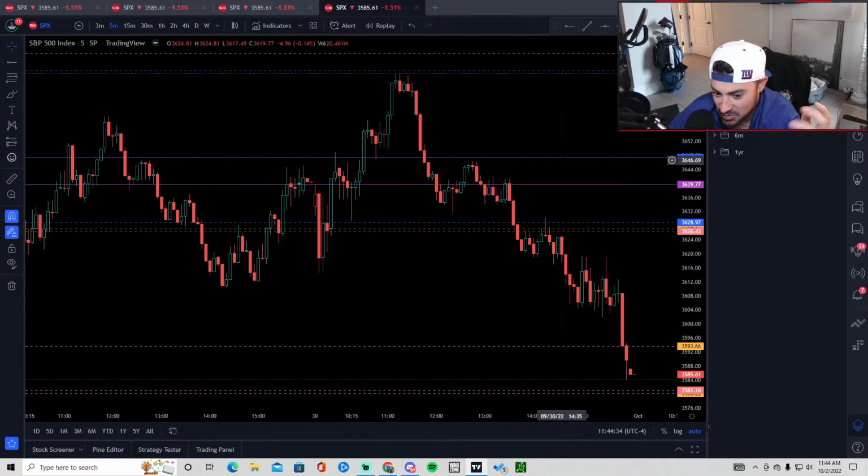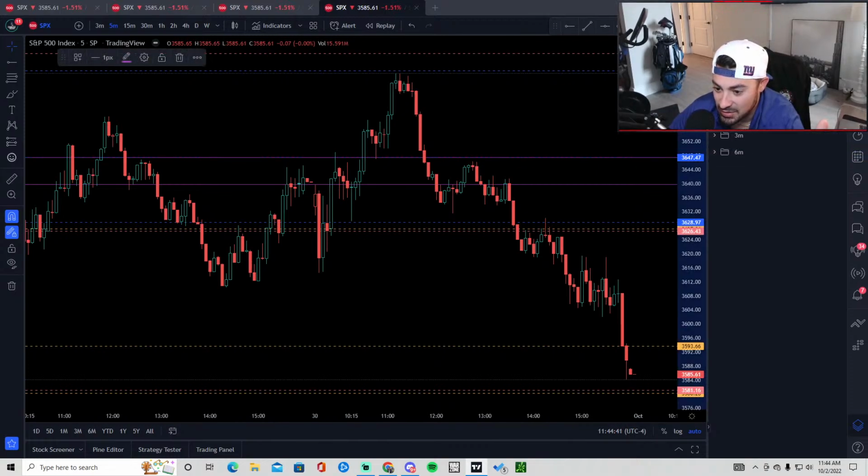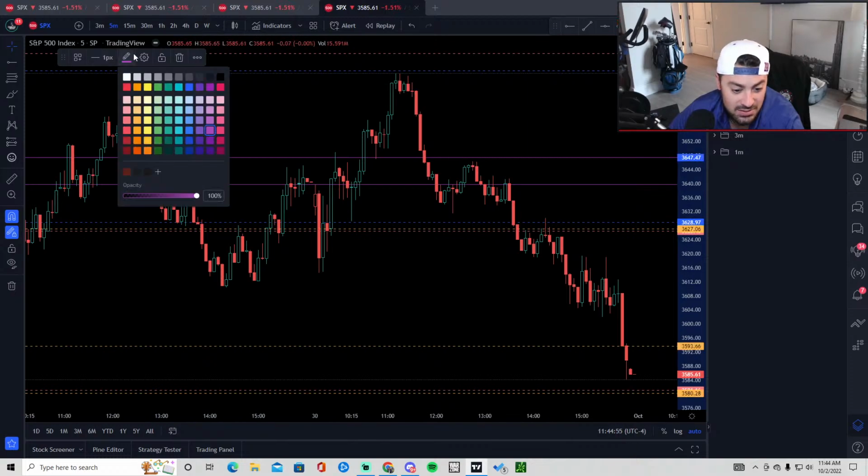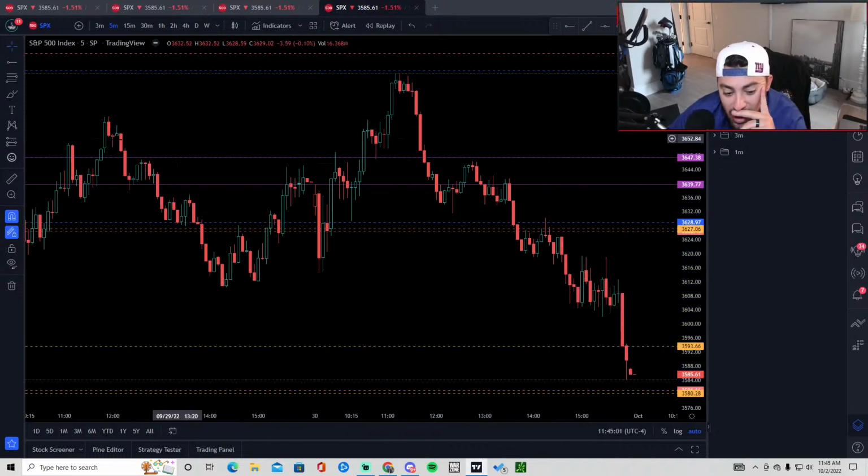With pink and blue on top of each other, we're going to put the bigger time frames on top. When you do this, you can see there are other important levels here.